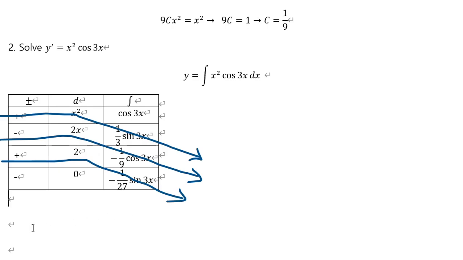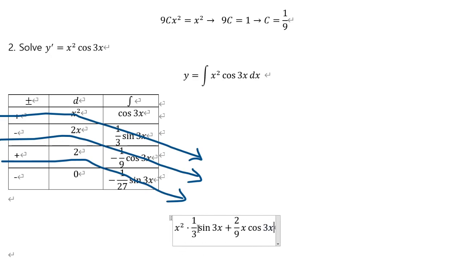Okay, and the result is that you get x squared times 1/3 sine 3x. That's the very first thing we have, and then negative times negative is positive, so it'll still be positive. And 2 times 1/9 will be 2 over 9 x cosine 3x.